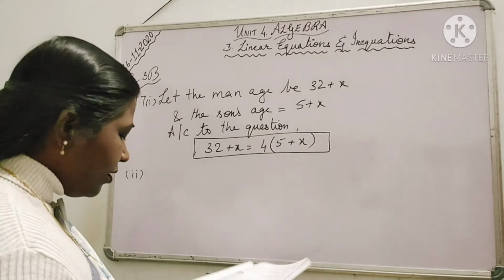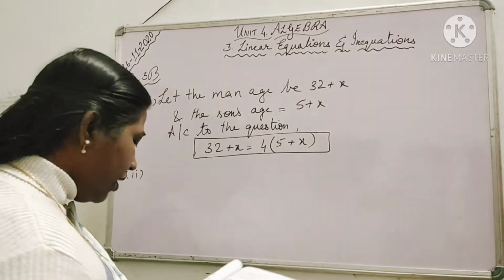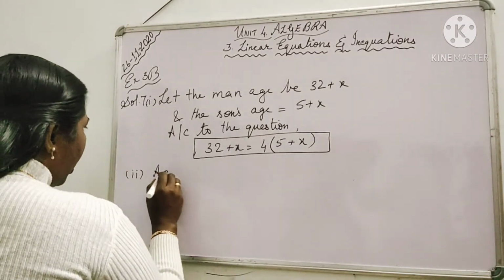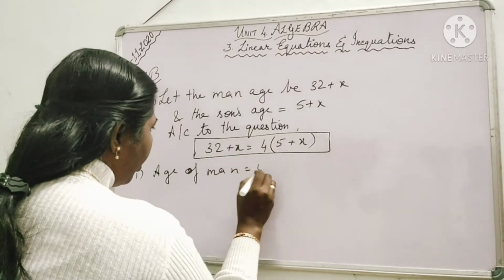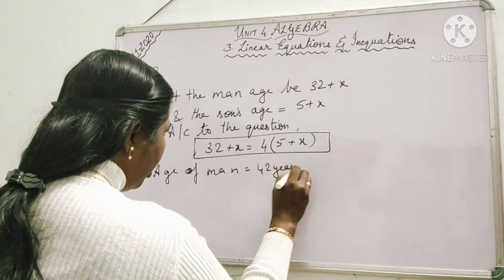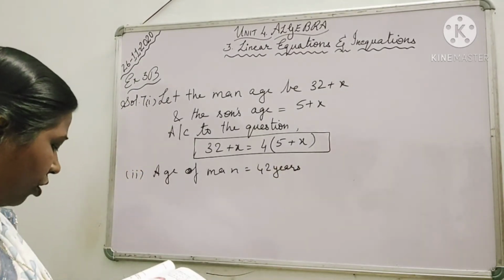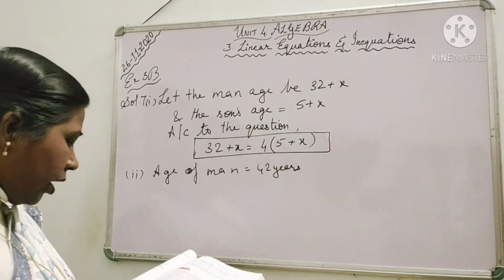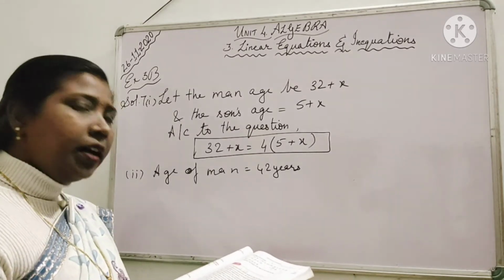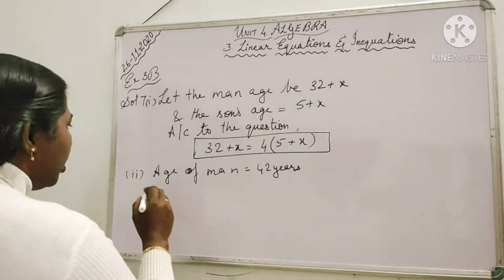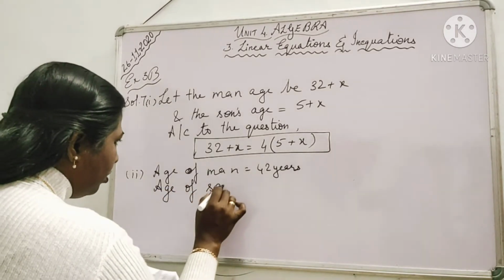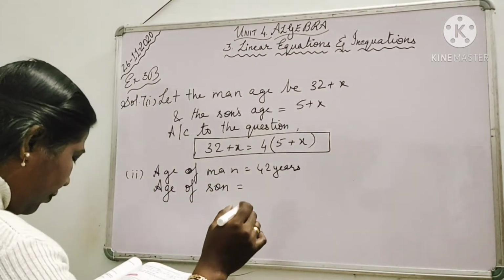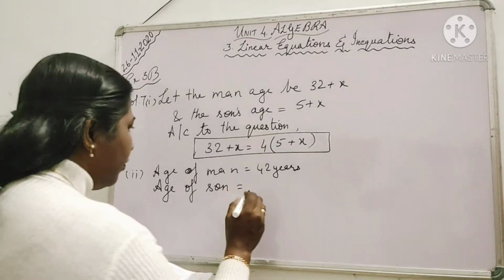So first, age of man is equal to 42 years, and age of son is equal to 12 years.